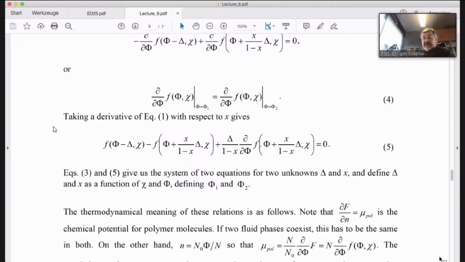In my case, I require that chemical potentials for monomers or for polymer molecules in both phases are the same. And the second condition is a condition of mechanical equilibrium.